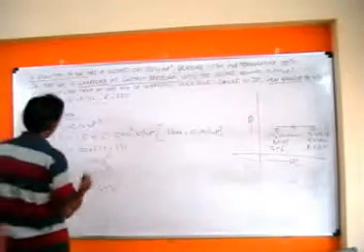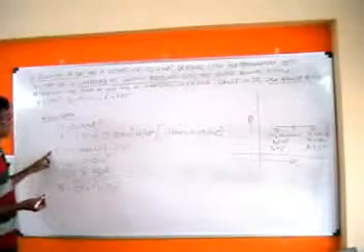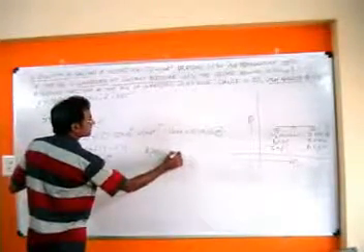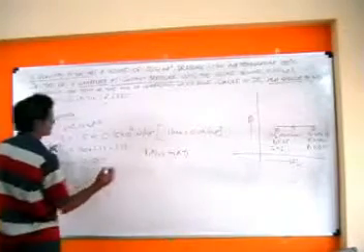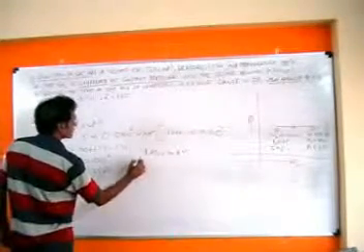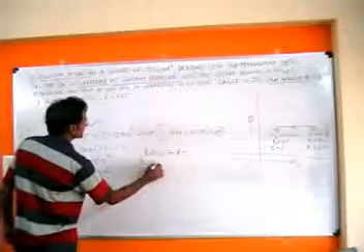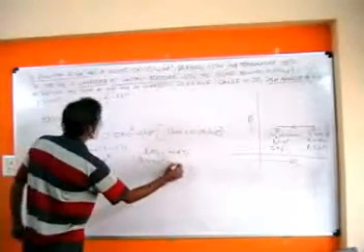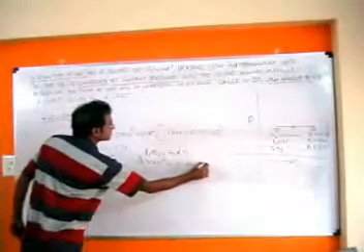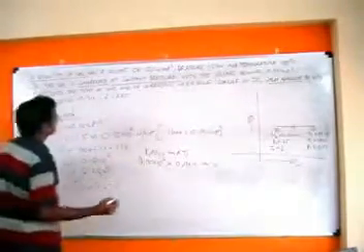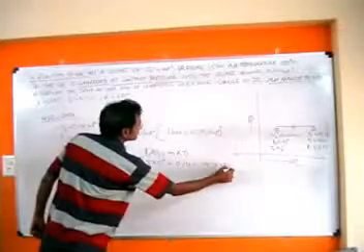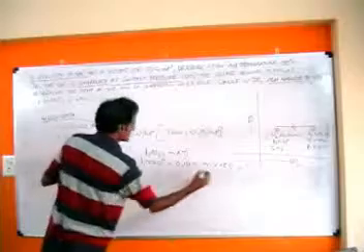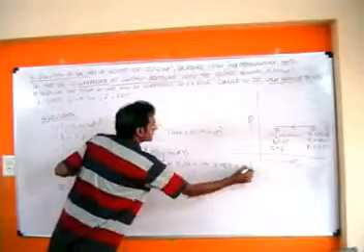In order to find the value of m, we use the general gas equation P1V1 equals mRT1, and we substitute the values of P1 as 0.15 into 10 to the power of 6, and the value of V1 as 0.14, equals m is what we have to find out, and the value of R is given as 285, which is constant, and the temperature is 373 degree Kelvin.